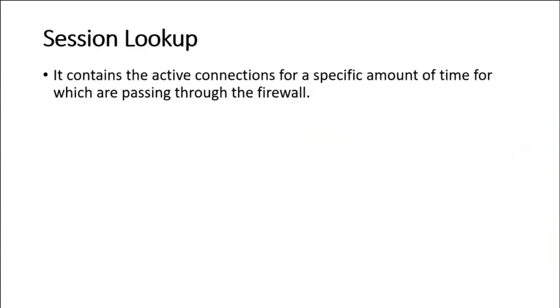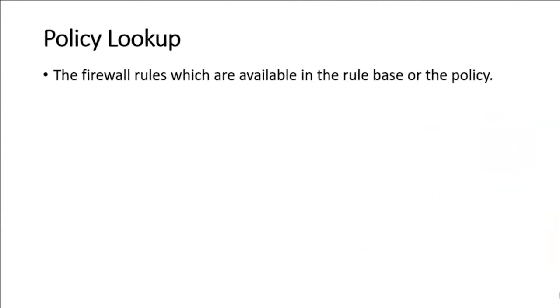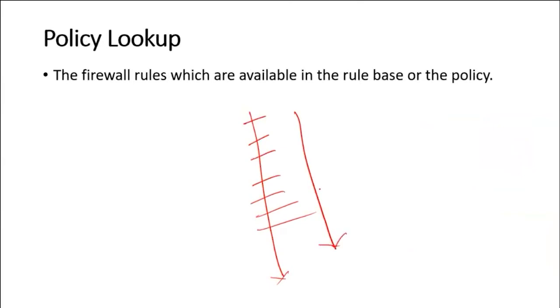Next one is session lookup. So what is session lookup? Before going to session lookup, let's go with policy lookup. Policy lookup is nothing but a set of firewall rules, like 1, 2, 3, 4, 5, 6, 7. Consider a new connection.